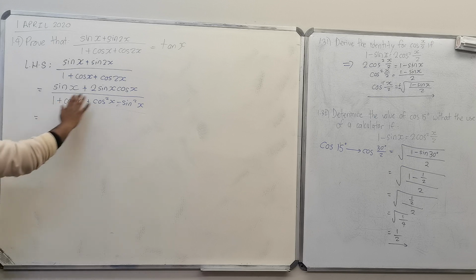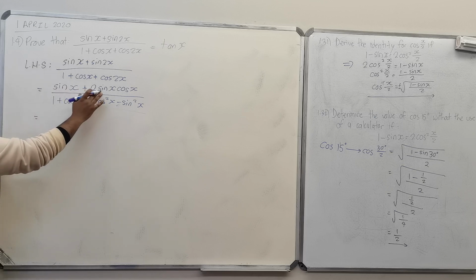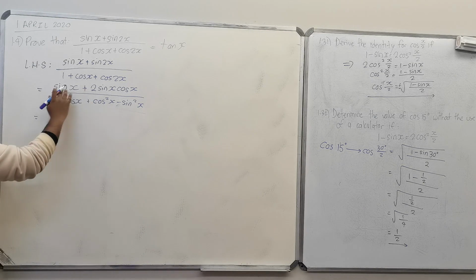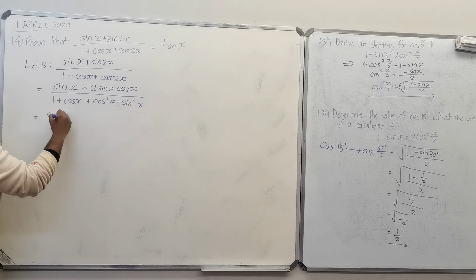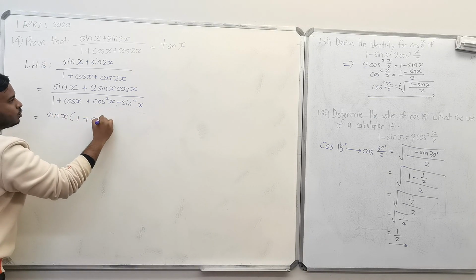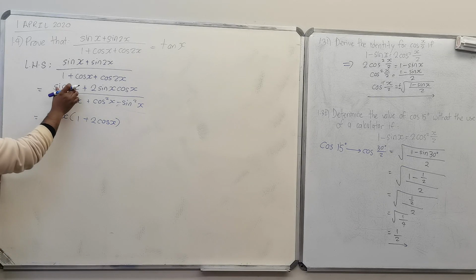So somewhere along this line you would want to have sine in your numerator and cos in your denominator, right? As it is, we've got sines in our numerator. Because if I pull the sine out as a common factor, sin x into 1 plus 2 cos x, I took out the sine as a common factor.